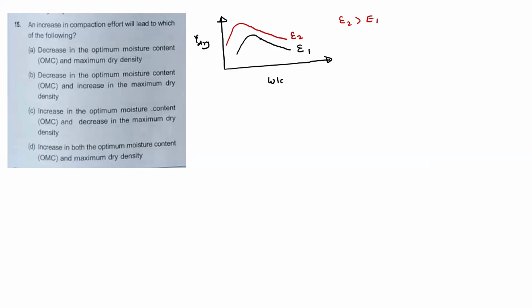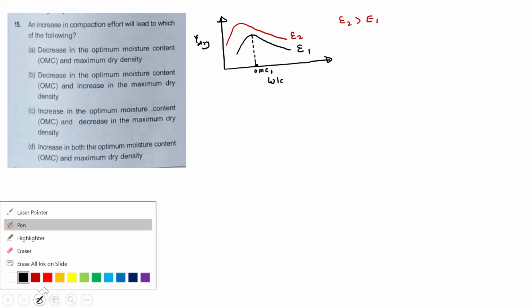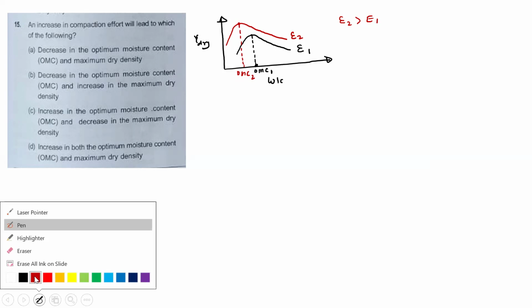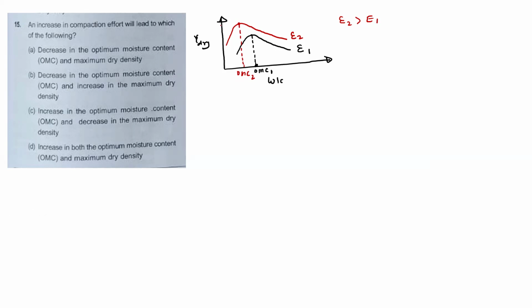So for E1 compaction effort, this is OMC1, and for this OMC2. Okay, and this is gamma D2, and for this gamma D1.